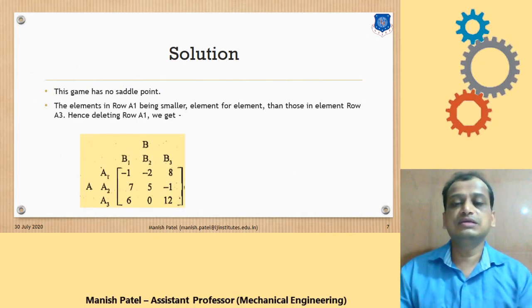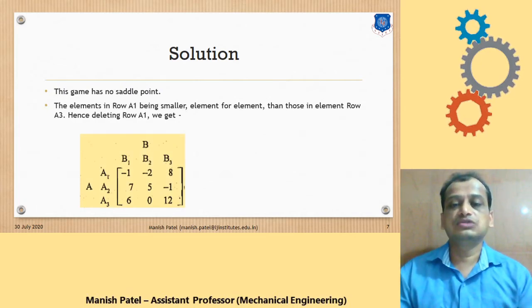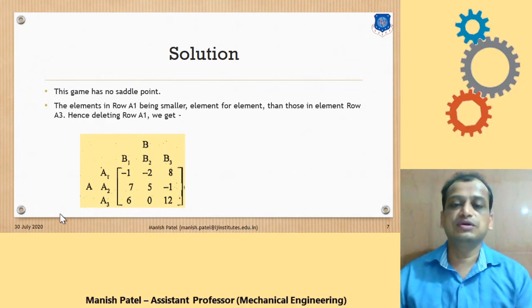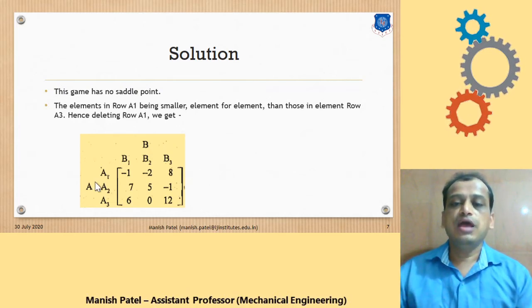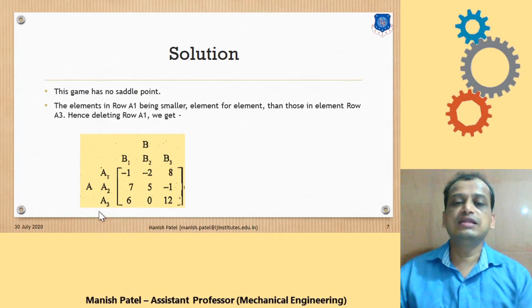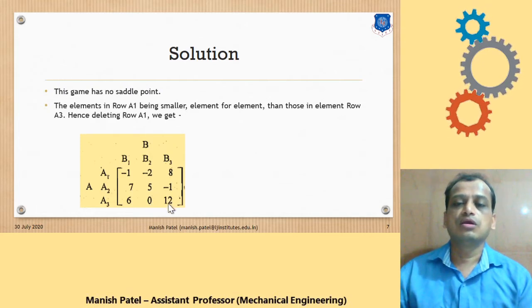If you see the matrix here, the first row, -1, -2 and -8, element by element is less than A3 row. If you see here, -1 is less than 6, -2 is less than 0, -8 is less than 12. Clear?